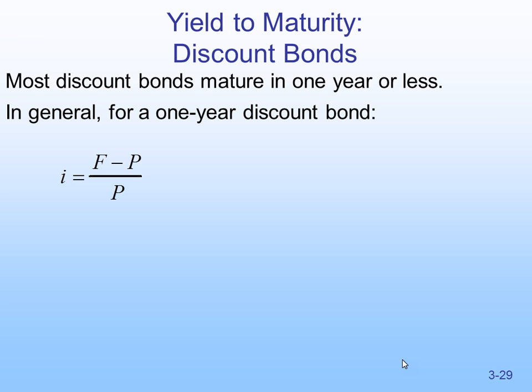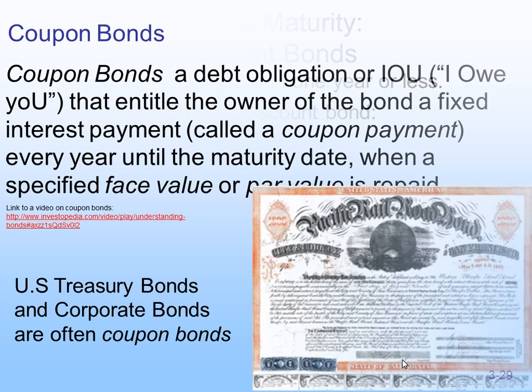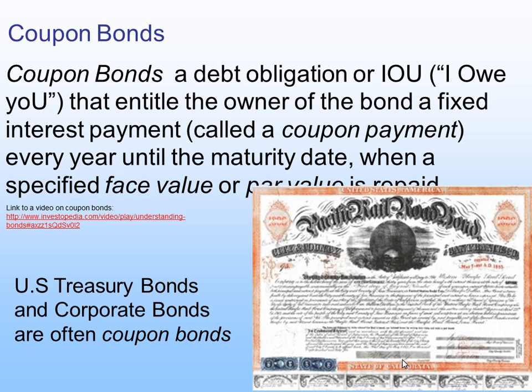All right, now let's talk about coupon bonds. So a coupon bond, I think we talked about this briefly when we were discussing different kinds of financial instruments. A coupon bond is, again, all the things we're talking about are debt obligations, so this is an IOU. It entitles the owner of the bond to a fixed interest payment, which we call a coupon payment.